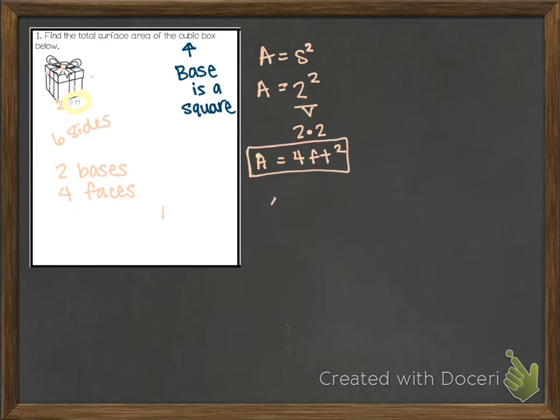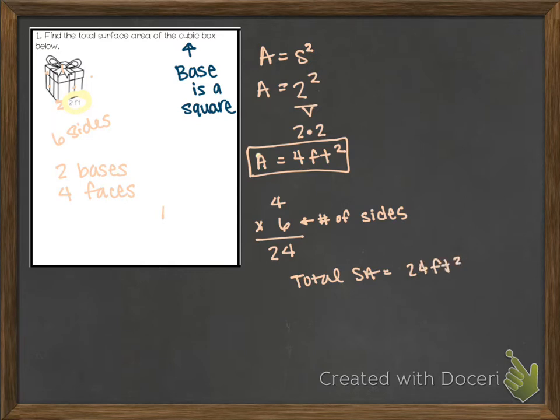So now we need to multiply 4 by 6, because this is the number of sides. When I'm writing, you should write so that you have these notes for when you're working on the number on your own. So 4 times 6 is 24. So your total surface area equals 24 feet squared.